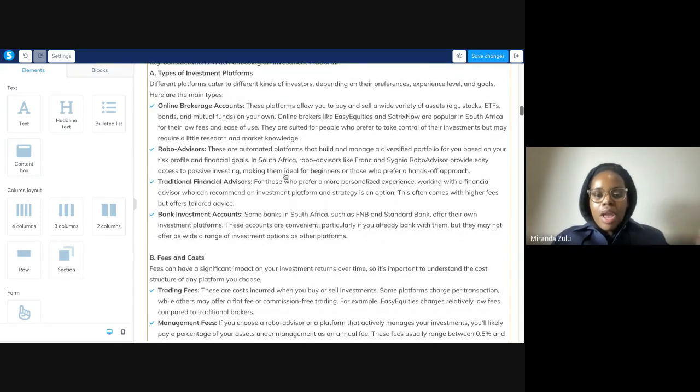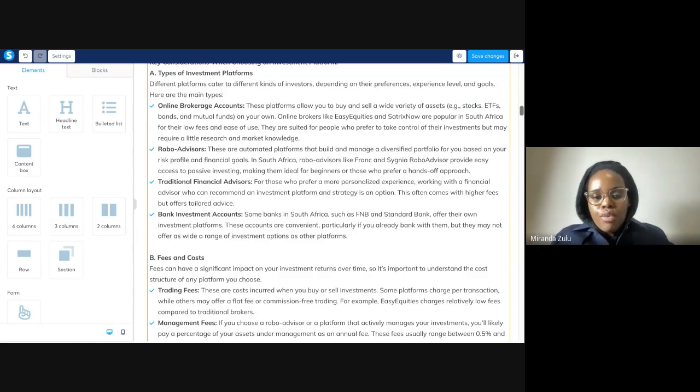And then there's another way, obviously traditional financial advisors or a financial planner. So this would be someone who would help tailor your financial investment needs and recommend a platform and a strategy. And a lot of the time they would work with companies like Allan Gray, Investec, those type of platforms.